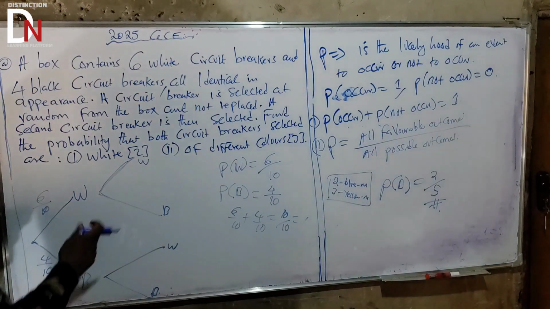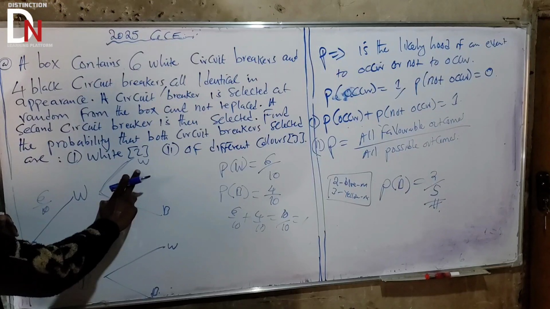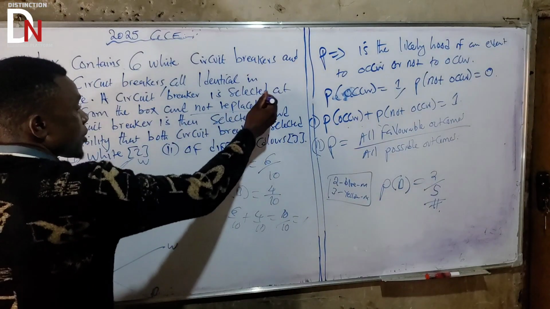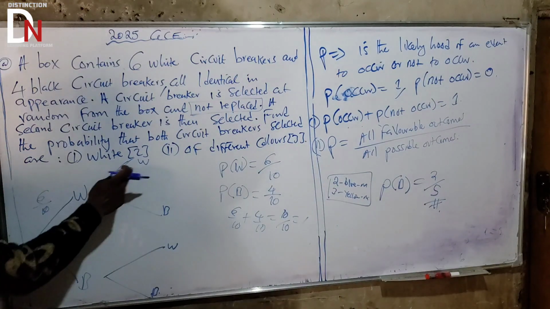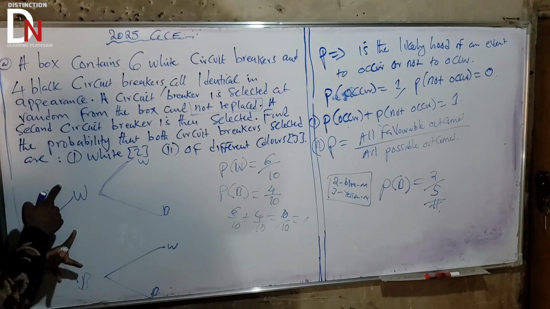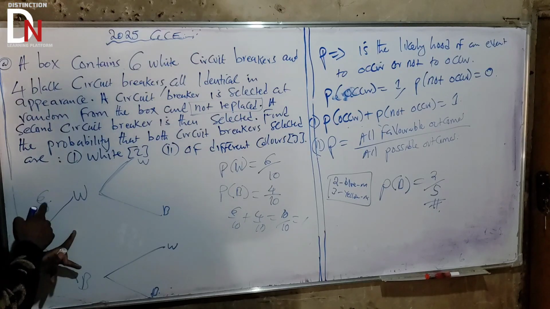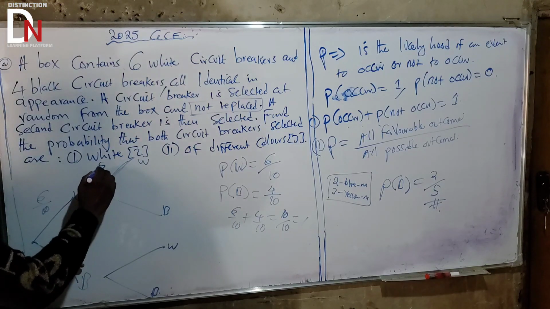Great. How do we come to here now? This is probability without replacement. So this is white. If I get 1 circuit breaker which is white, from the total number of white circuit breakers, there were 6, I will remain with 5.